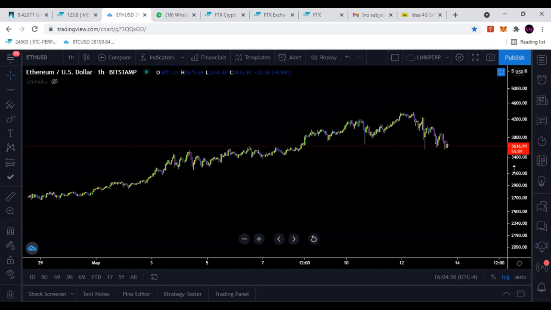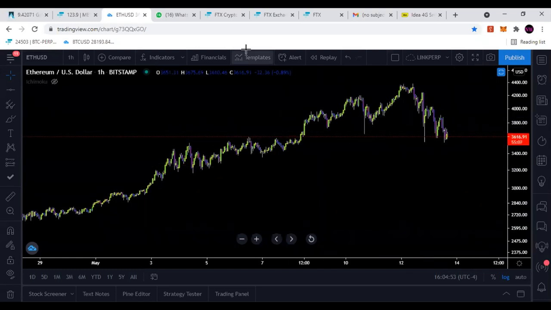So you can see why I said support and resistance are very important. Someone said, do you think we are still in the bull market?